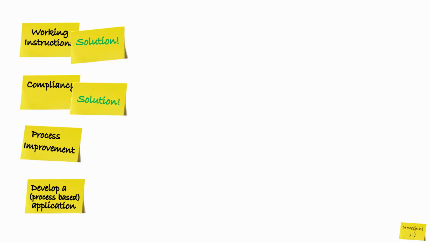The model is used as a solution to say this is how we are compliant. Same for developing an application. With the model you build a solution. But that's a little different with process improvement. Then you don't have a solution, you have a problem. And that's the big difference, I think. So I was more and more doubting, do process models really help me to improve my processes?